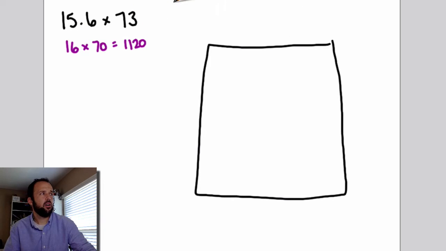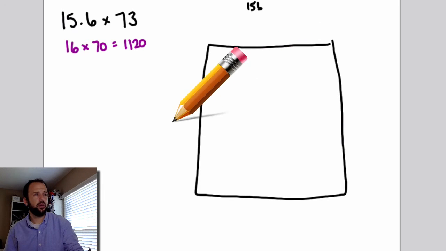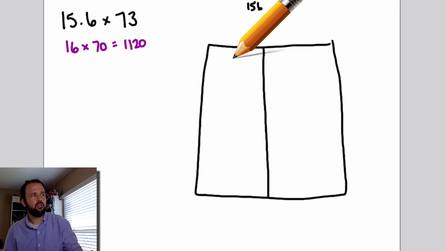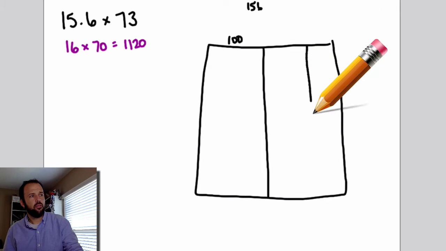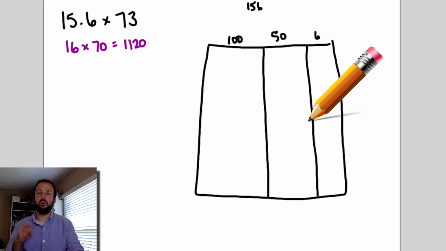So that would be 156 tenths. And since I have 3 place values here, I'm going to break apart all 3 of those place values. So I'm actually going to break it like this and say 156.